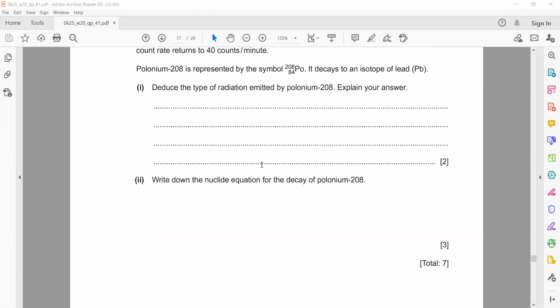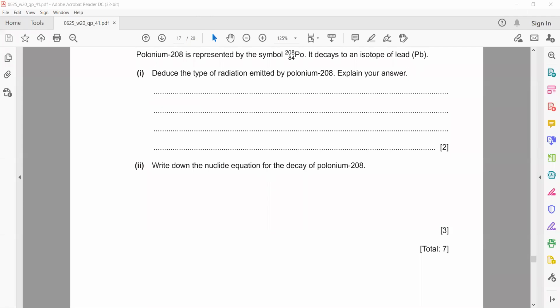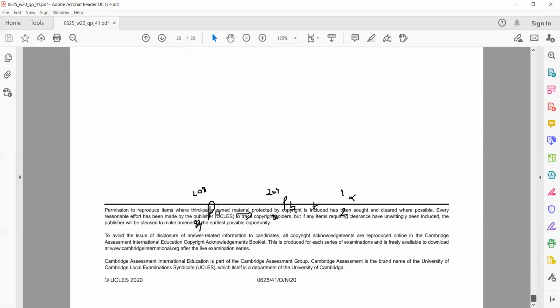As it is a radioactive emission, an alpha particle is emitted out. So the atomic mass will decrease by 4 and the atomic number decreases by 2. So it will turn into lead 204 and 82 plus an alpha particle.